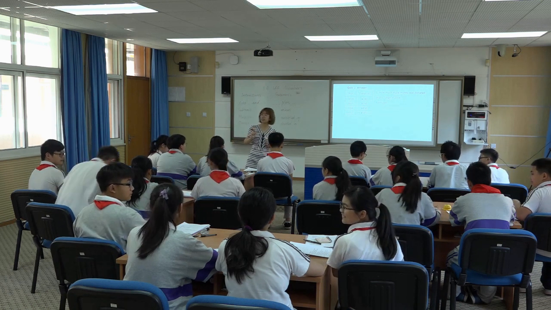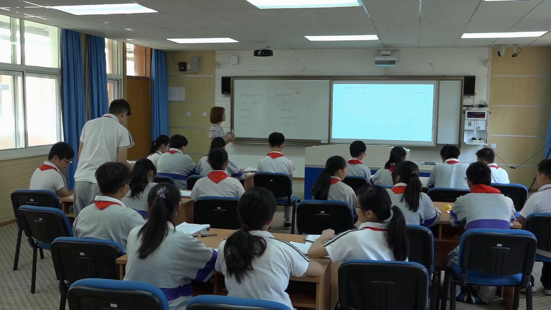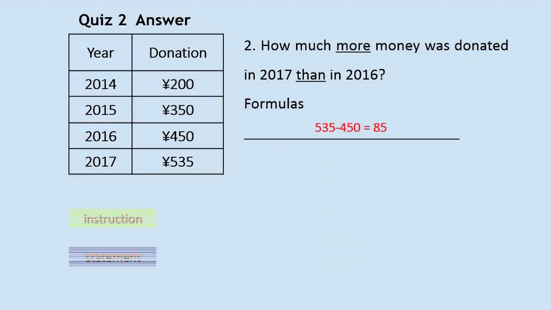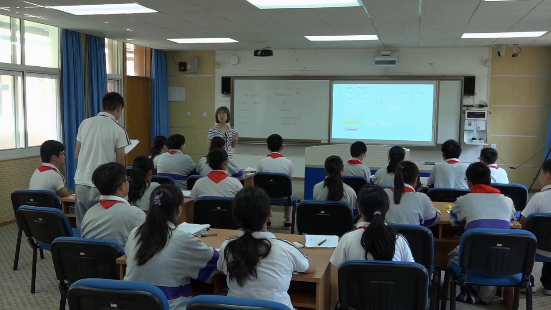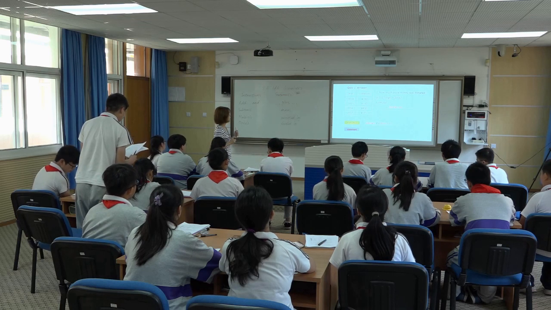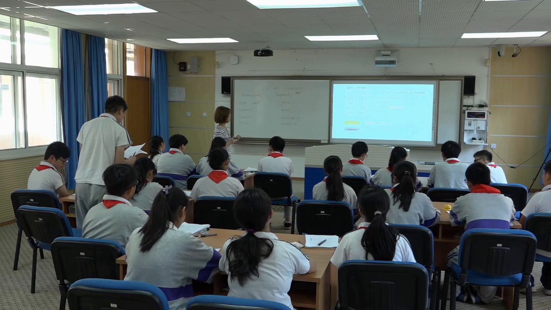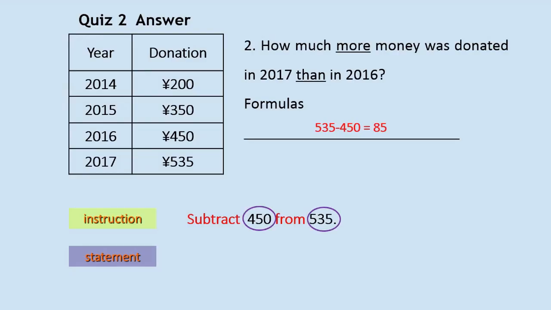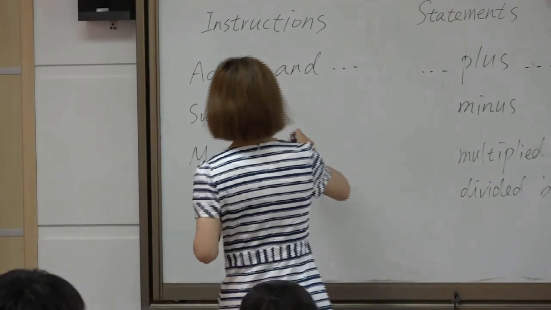Yes. The instruction is subtract 450 from 565. 30 or 60? 30. Yes, good. Subtract. Statement. Statement is 535 minus 450 equals 85. Oh, very good.